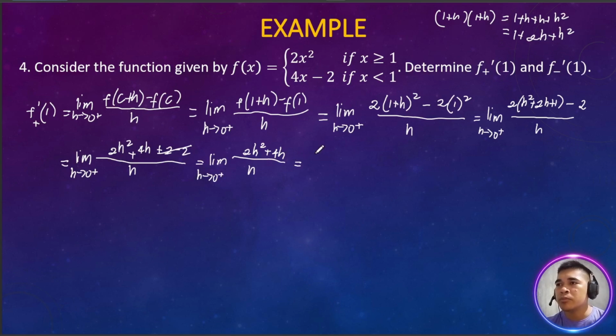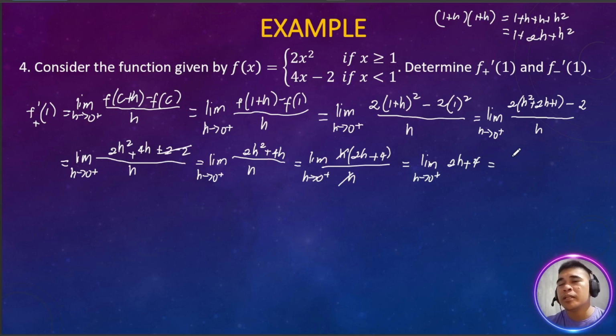So we have the common factor here, which is h. So 2h plus 4 na lang. Okay, cancel na to ang h. So the remaining is the limit of 2h plus 4 as h approaches 0 from the right. So the answer is 4.